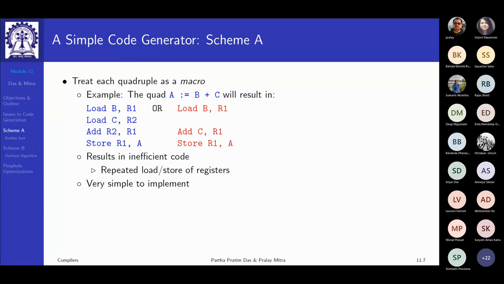So this kind of macro-based code generation will often result in inefficient code. We'll have repeated loads and stores of registers, but the good side is it is very easy to implement. For example, when you are implementing your code generator, this could be a simple scheme that you can implement easily.